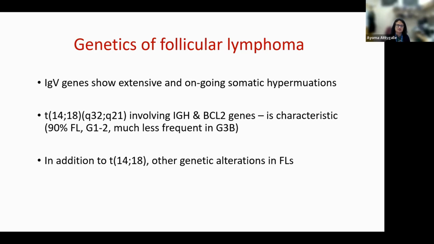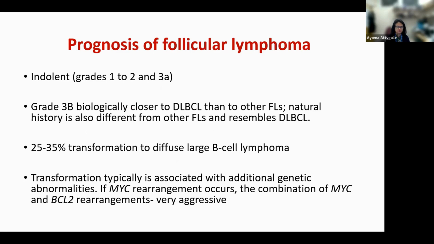By this enhancement of the BCL2 gene, you get an anti-apoptotic effect, seen particularly in low-grade follicular lymphomas. The t(14;18) by itself is not enough, because you can see that in situ follicular neoplasia; you need other genetic alterations to develop overt follicular lymphoma.